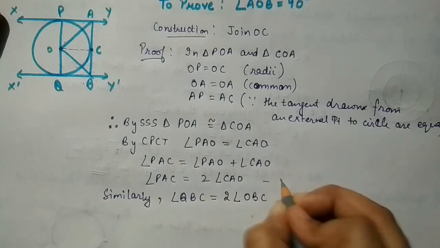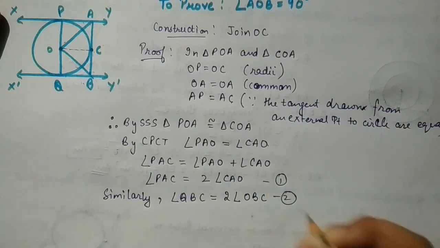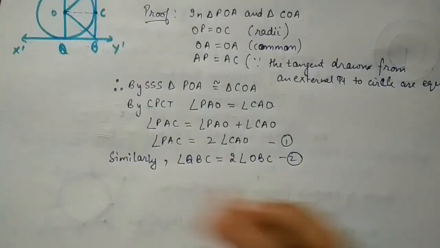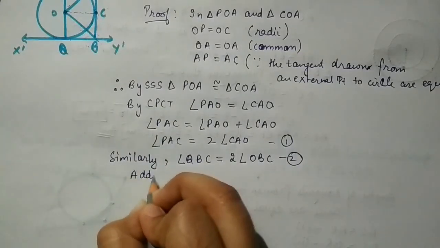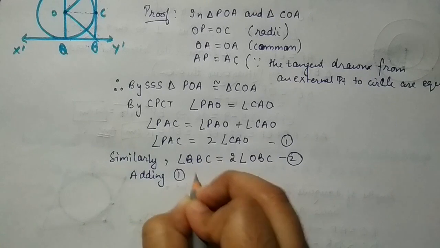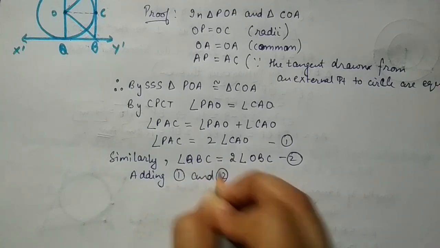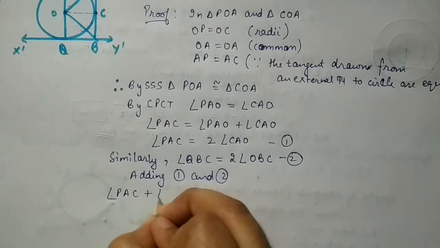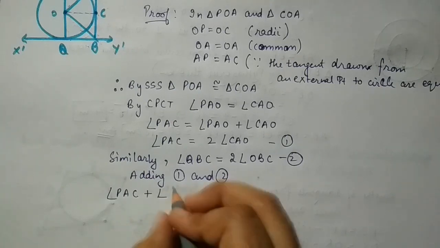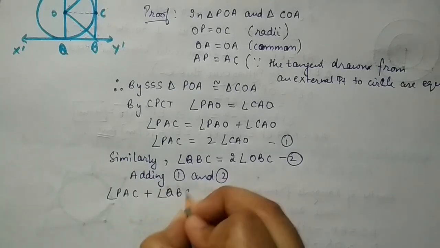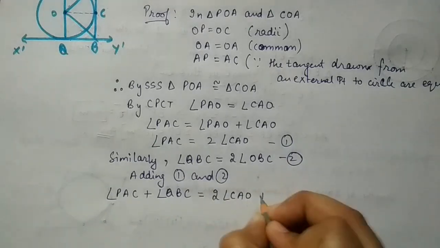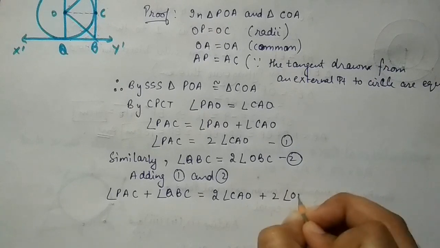Okay, so you have these two equations now. Now what you will do is add these two equations. So I am writing adding 1 and 2. What you get? You get angle PAC plus angle QBC is equal to twice of angle CAO plus twice of angle OBC.